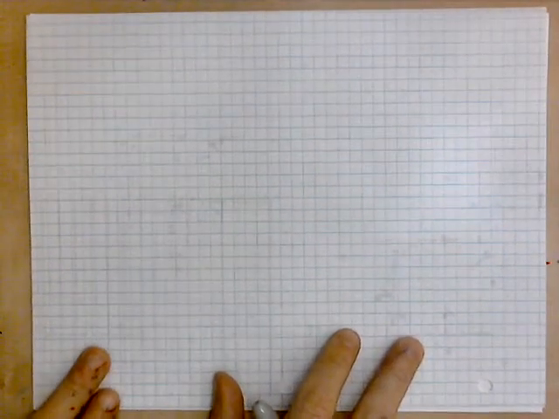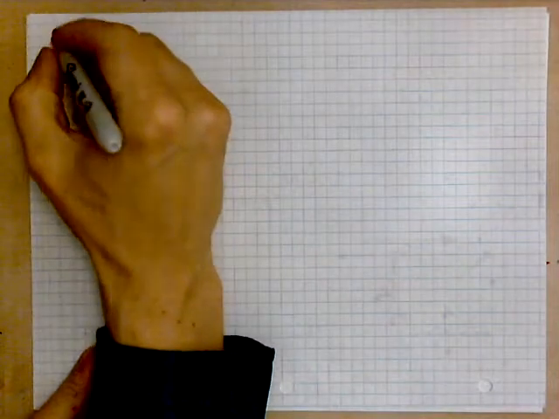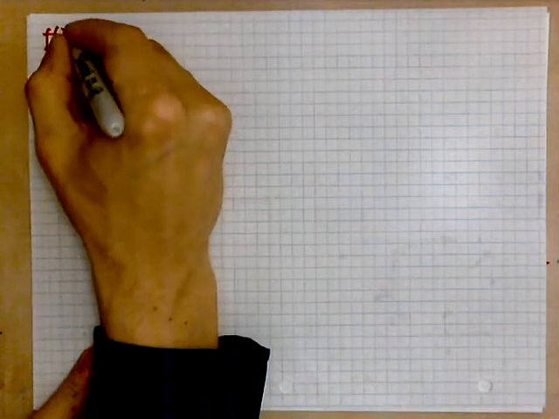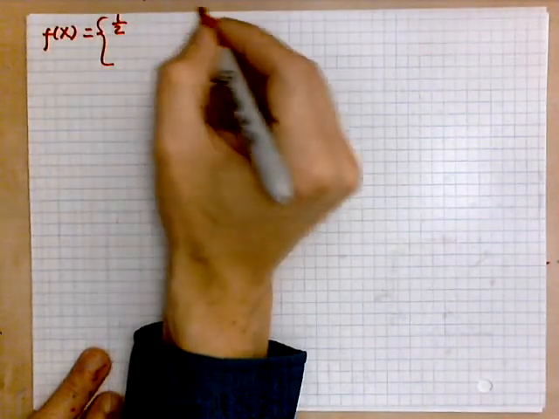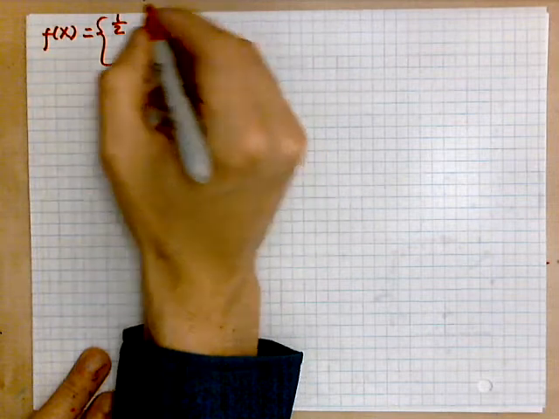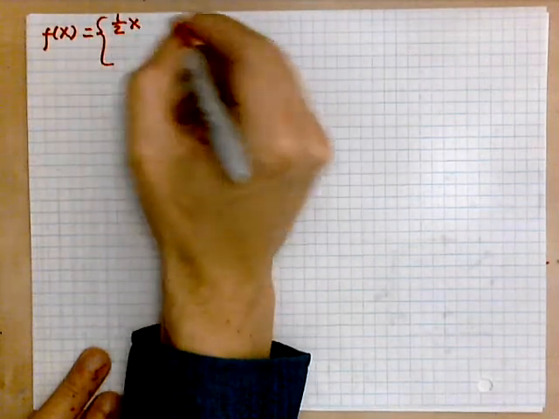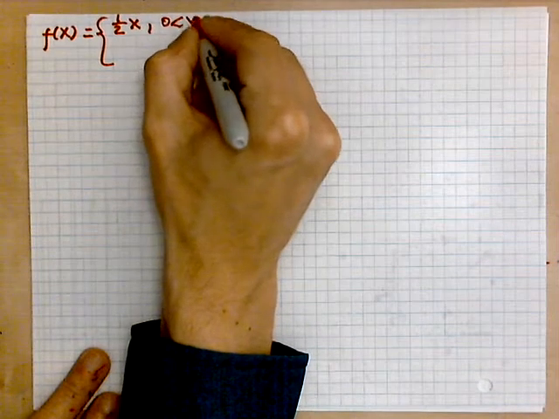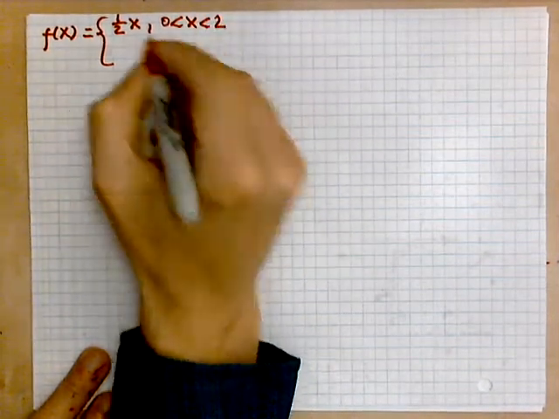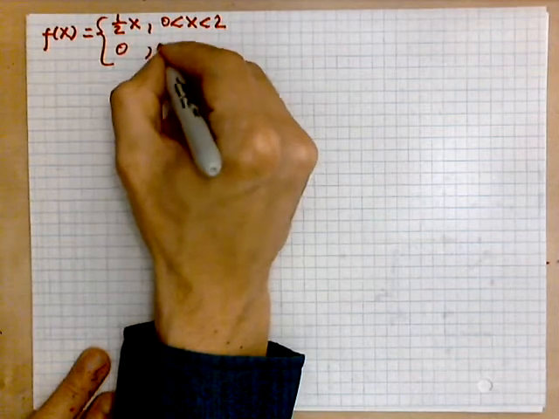Let's take a look at what we have. We are given the following probability density function. Little f of x equals 1/2 x, and this goes between 0 and 2, and it's 0 otherwise.